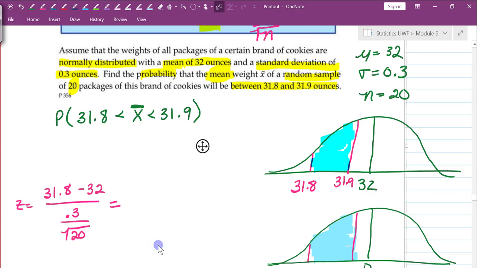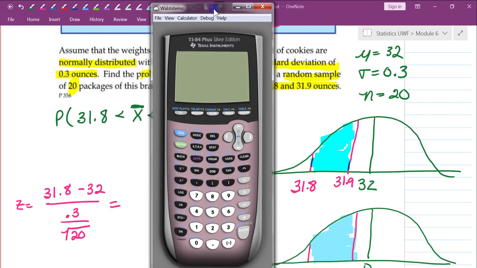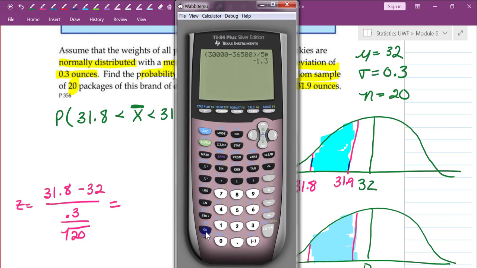Okay, and when we put this on our calculator, I want you to pay attention to how I do this with parentheses. It's very important that we put parentheses around the numerator and then again around the denominator. So we're going to open up a set of parentheses, and we're going to enter 31.8, subtract 32, close parentheses, divide, parentheses, 0.3 divided by the square root.